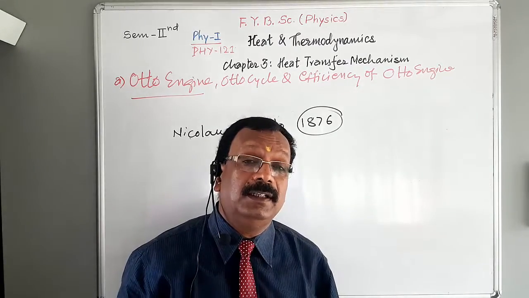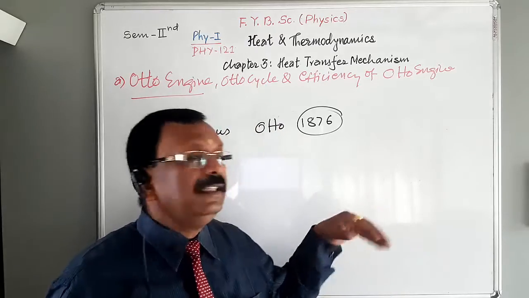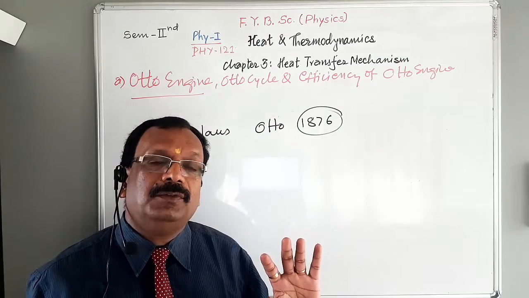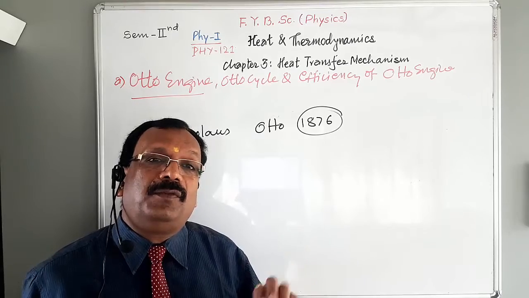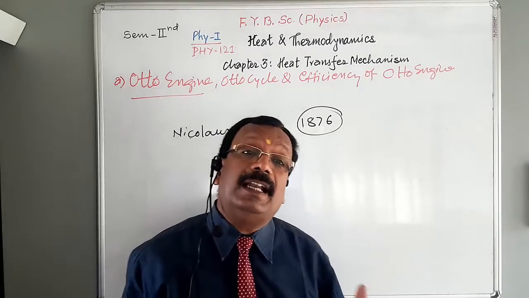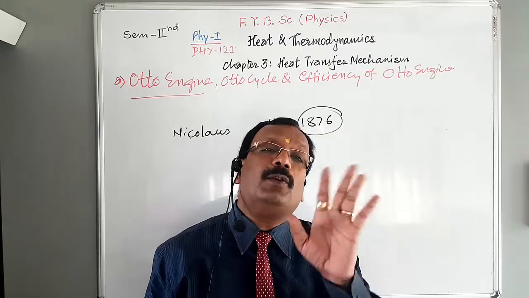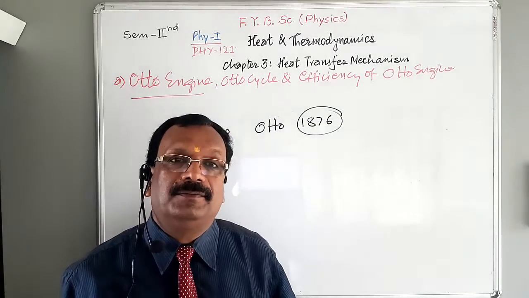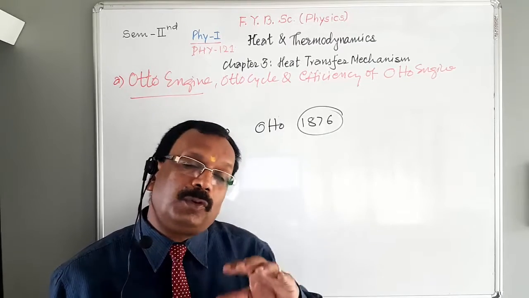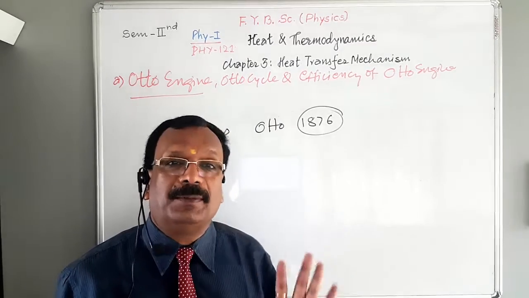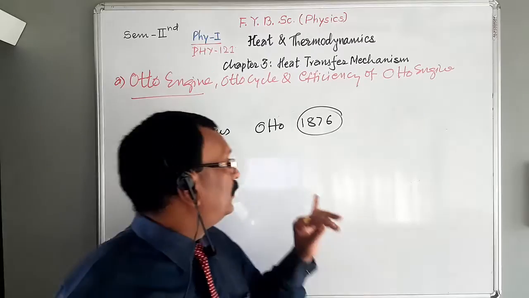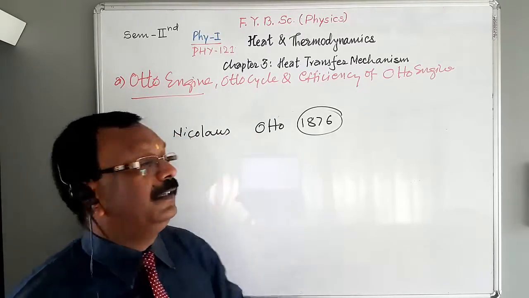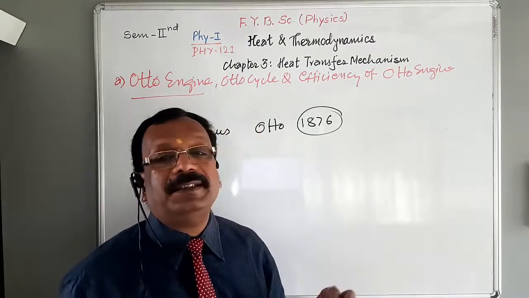After that, the diesel engine was also invented in Germany. So the credit of both practical heat engines, the Otto engine or petrol engine, and then the diesel engine, goes to Germany. So this Otto engine was invented by Nicholas Otto in 1876.